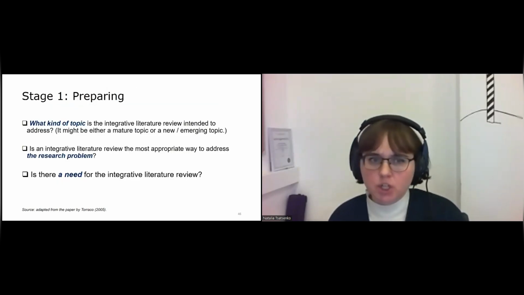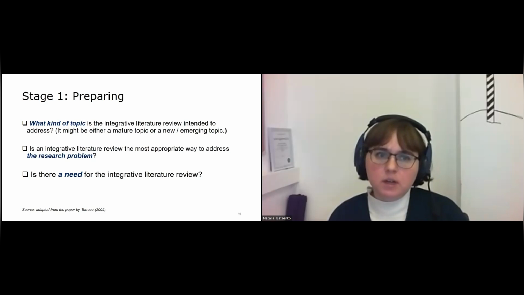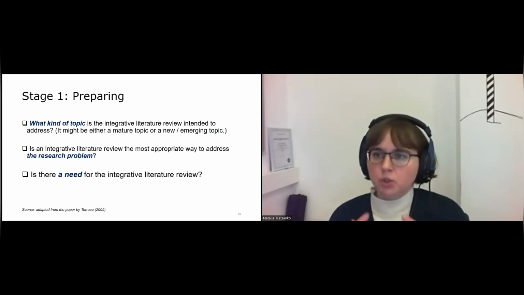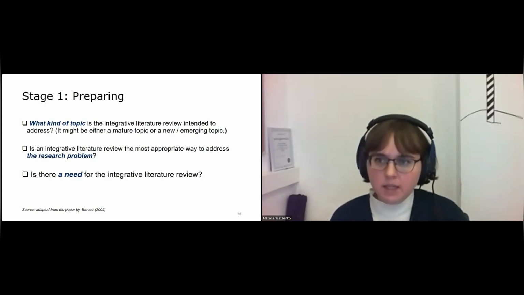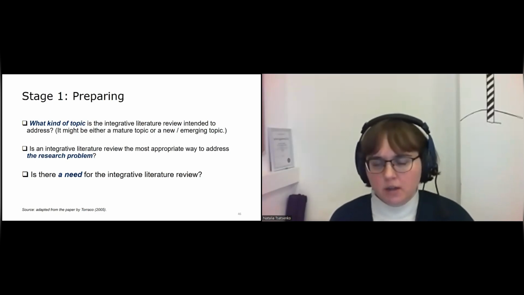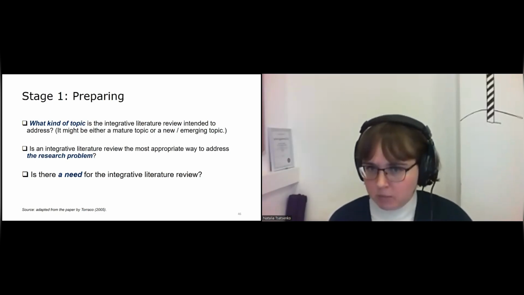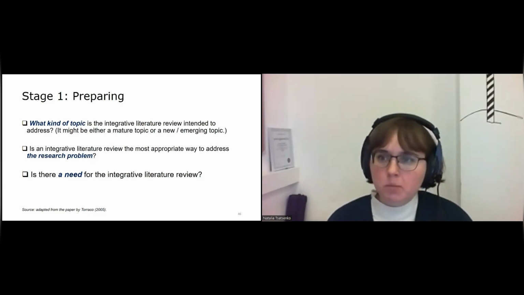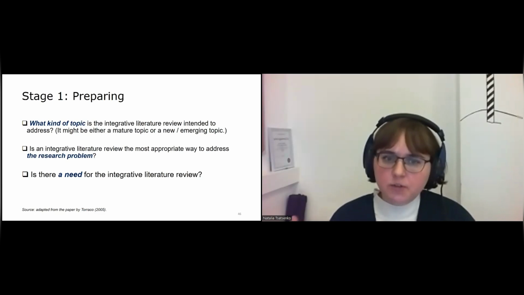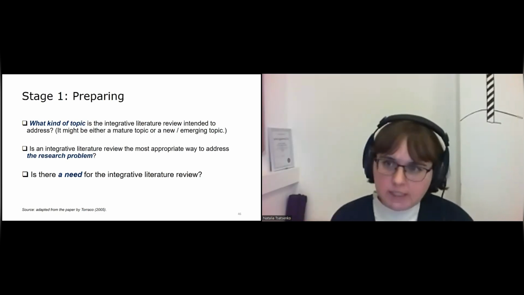In the preparation stage, scholars ask themselves what kind of topic the integrative literature review is intended to solve. And here, as we remember from the previous slides, it could be dedicated to a well-established mature topic or a new emerging topic. The second important question is whether an integrative literature review is the most appropriate way to address this research problem.